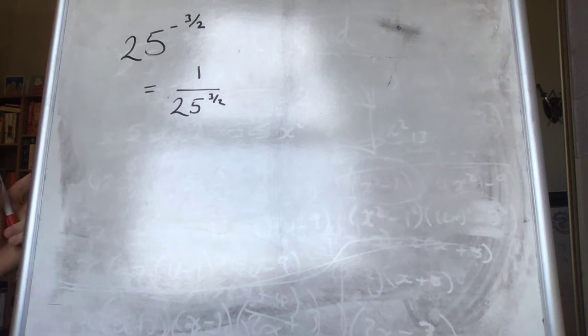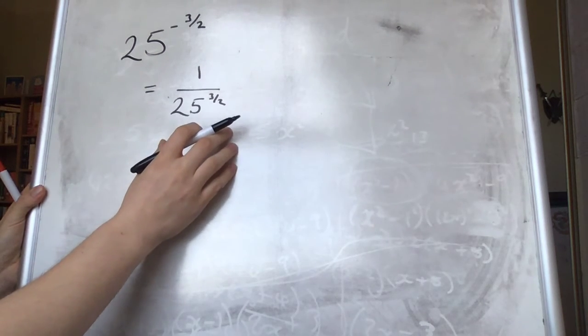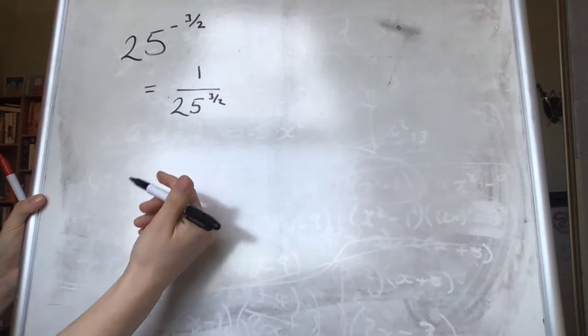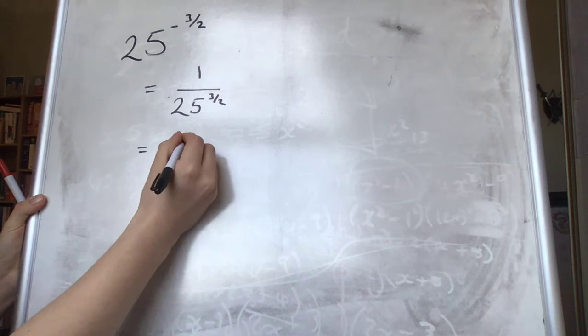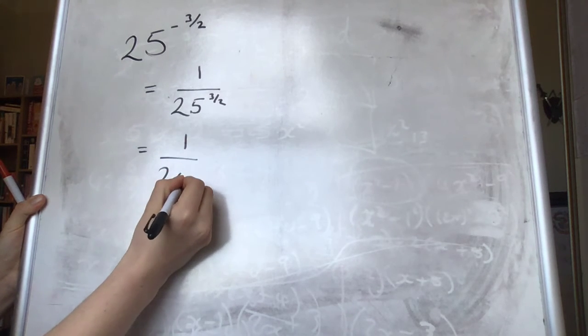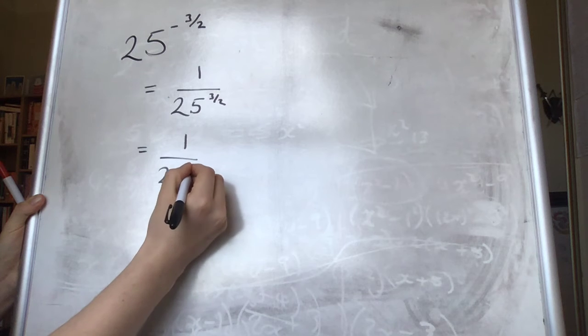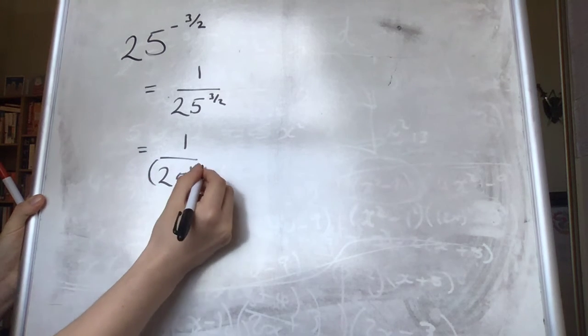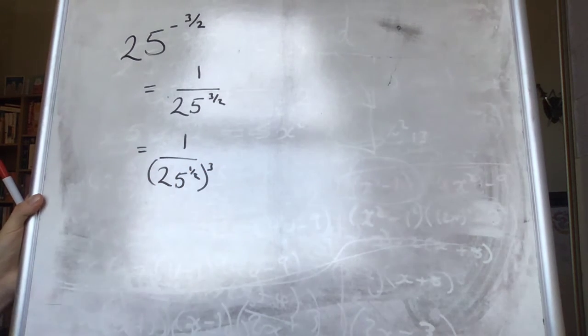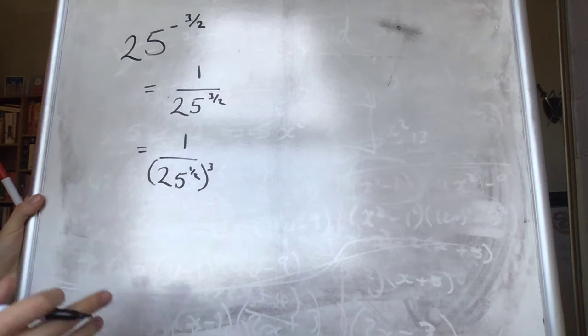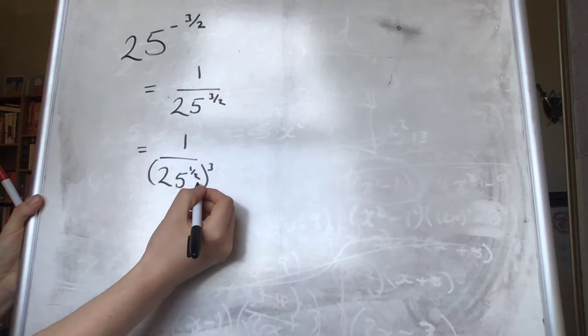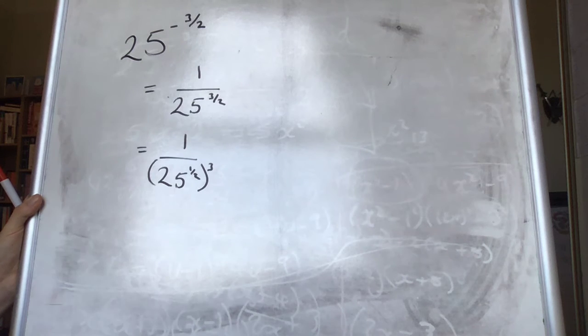And whenever we have an expression like this, this is the same as saying 1 over 25 to the power of a half times by 3, as we've seen before. So we split this into two separate powers. We know that half times by 3 is the same as 3/2.